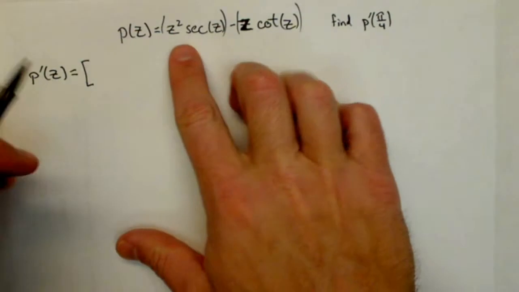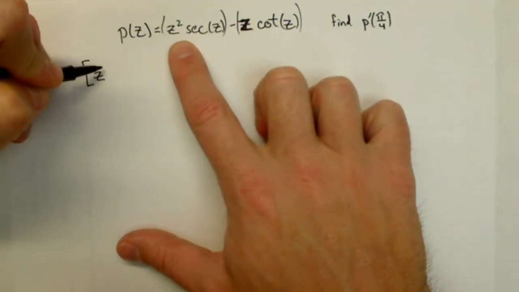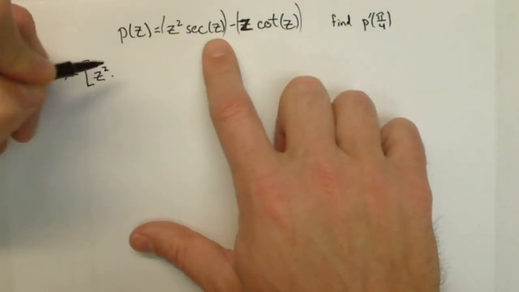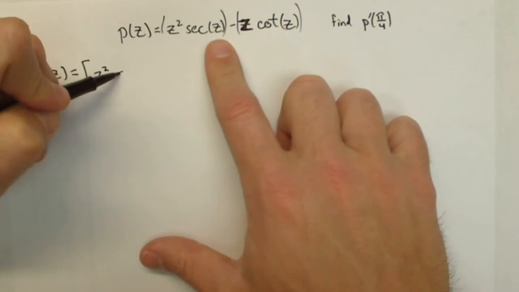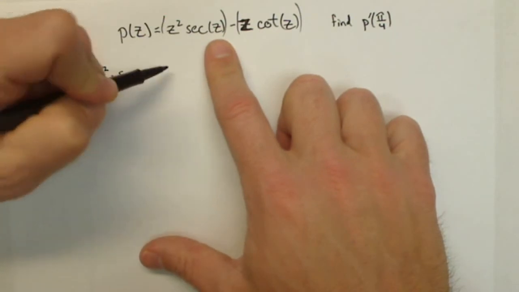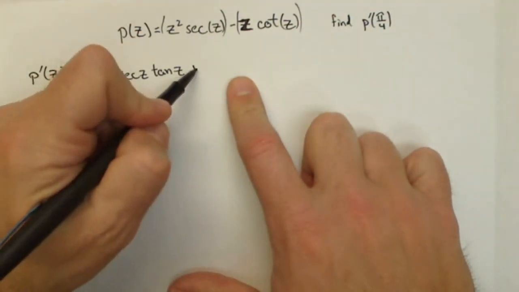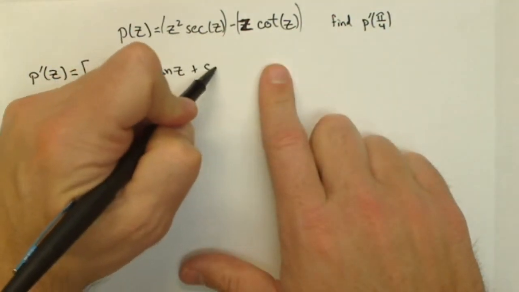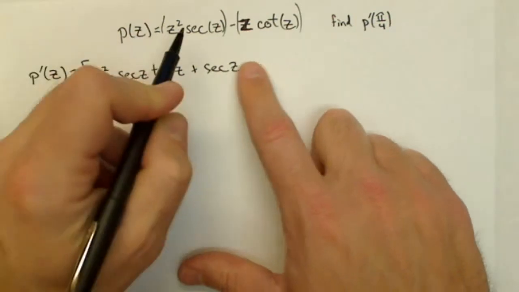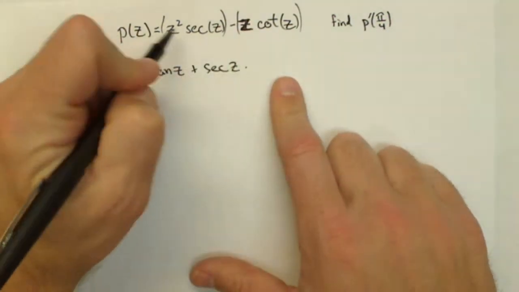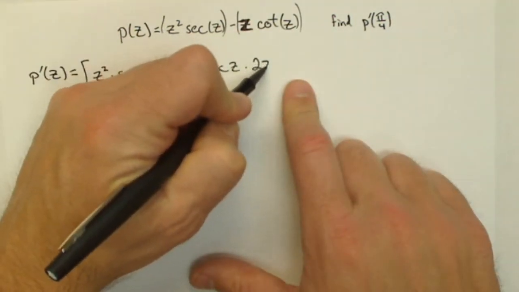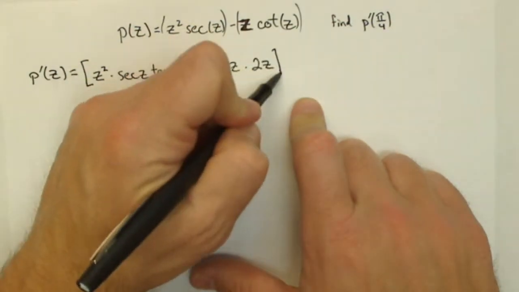So first off, I'm going to hold the z squared constant and multiply by the derivative of secant of z, which is secant z tangent z, plus, now I'm going to hold secant z constant, so this is all for this first part, times the derivative of z squared, which is 2z.